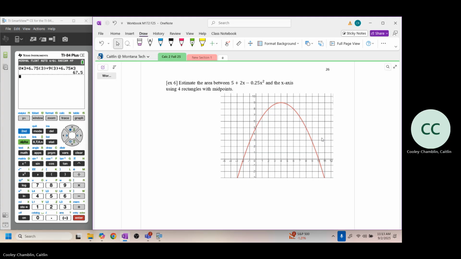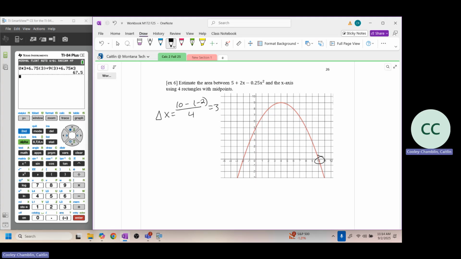Okay, so here we want to use midpoints. And so we know for rectangles, when we've done this in the past, we have our delta x, so our change in x is our highest number, 10 minus -2, all over 4, which is 3. So the width of each rectangle is going to be 3.